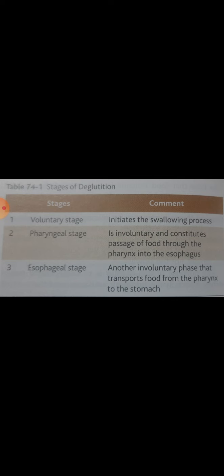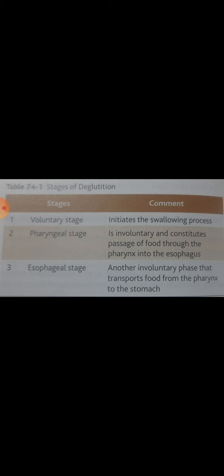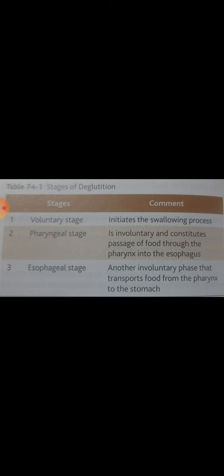The voluntary stage initiates the swallowing process. The pharyngeal stage is involuntary and constitutes passage of food through the pharynx into the esophagus. The esophageal stage is another involuntary phase that transports food from the pharynx to the stomach.